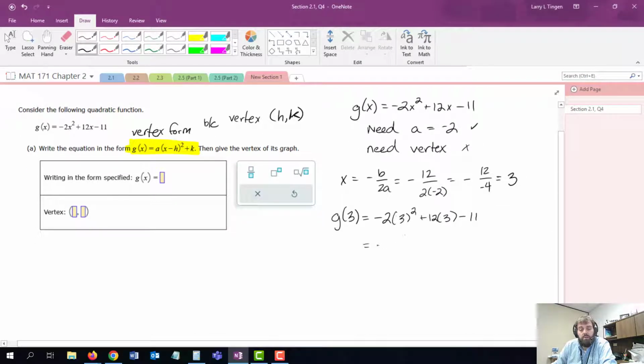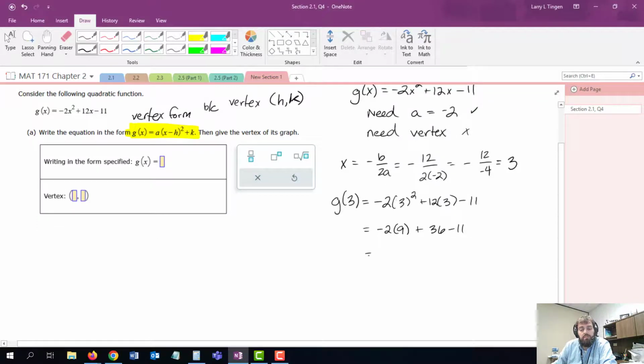And order of operations says I have to do this squaring first, and then I can multiply. Negative 2 times 9 is negative 18. Negative 18 plus 36 is positive 18. Positive 18 minus 11 is 7. So I now have the vertex of this parabola as the point 3, 7.